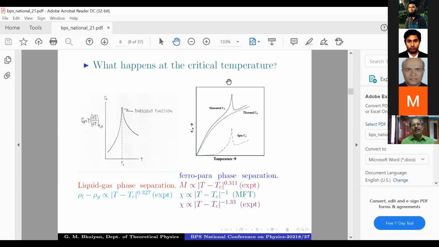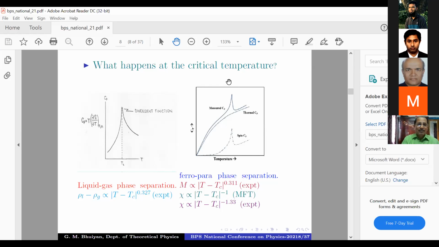Another thing I would like to mention: physics has developed so much, but still we do not know what happens at the critical temperature. What we can explain with the present theory, the renormalization group theory, is what happens very close to the critical point. But what happens at the critical point is not known to us.